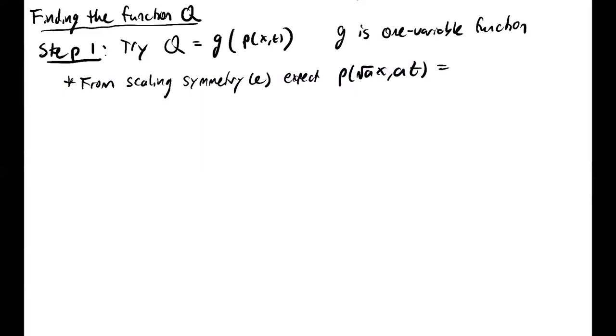The simplest way for this to happen is that p is invariant under this operation. So if plugging in square root of a times x and then a times t cancels out and I get the same value, right? So what I'm going to do is look for a function that has this property.